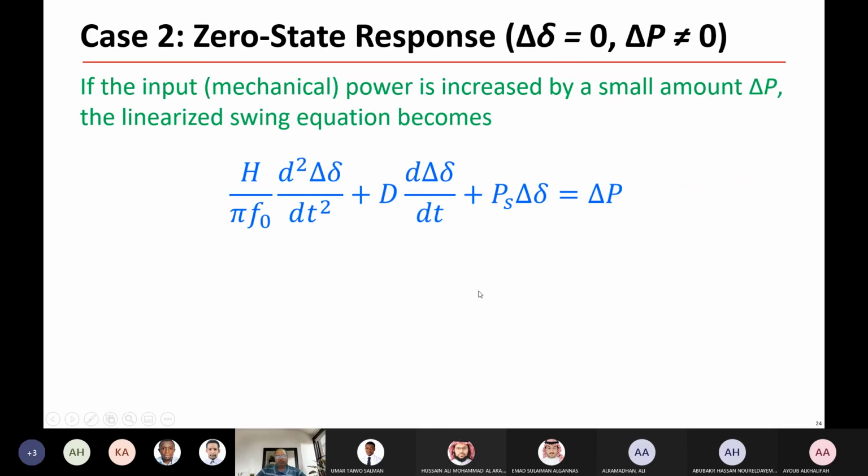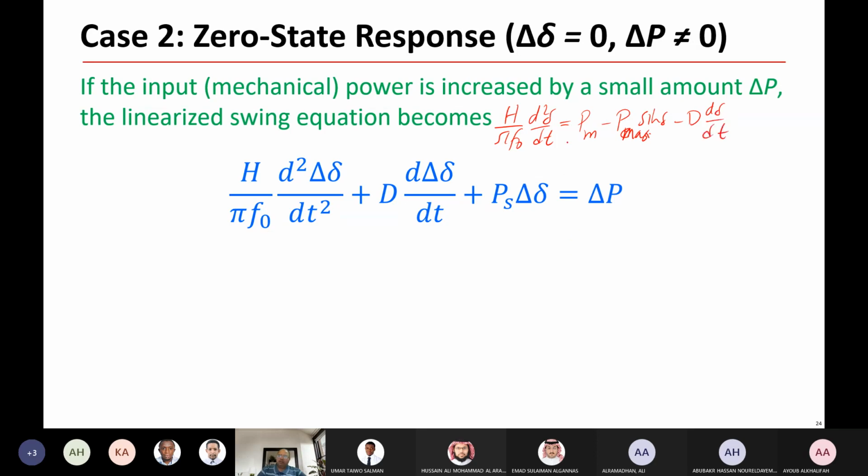If you go back to that equation where we have H over pi f0 d square delta by dt square equal to P mechanical minus P electrical, and P electrical, which is P max sine delta minus D d delta by dt.